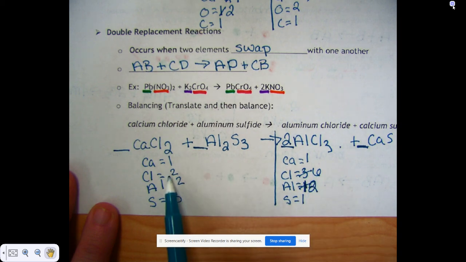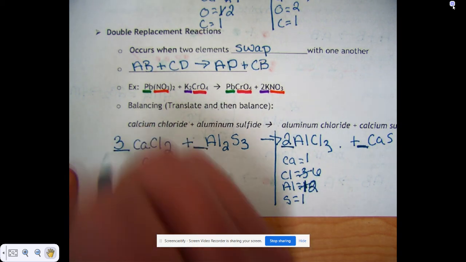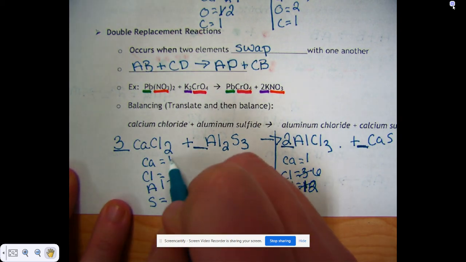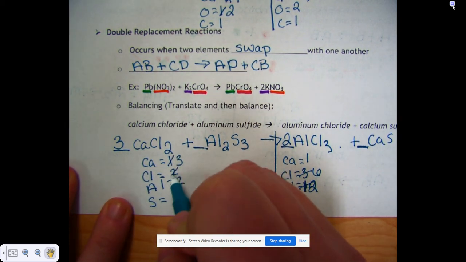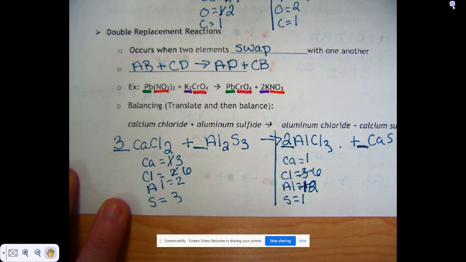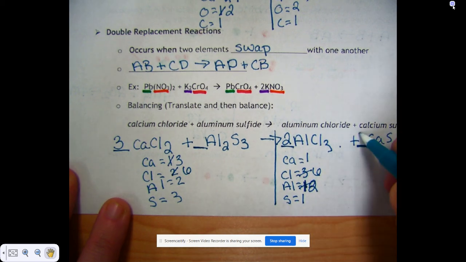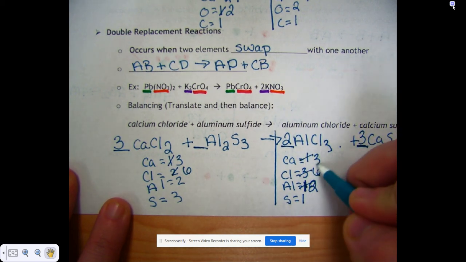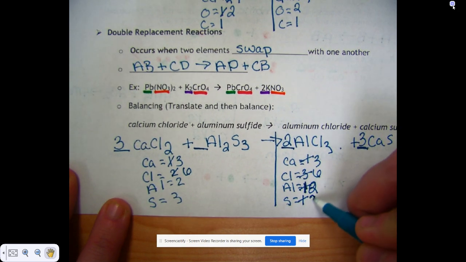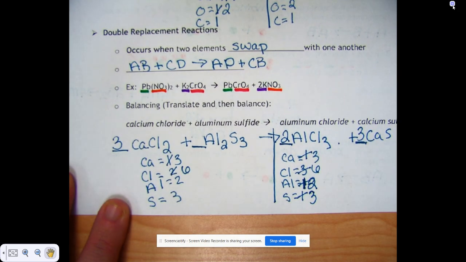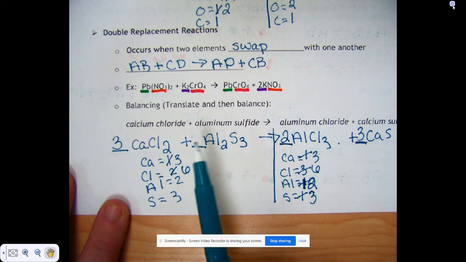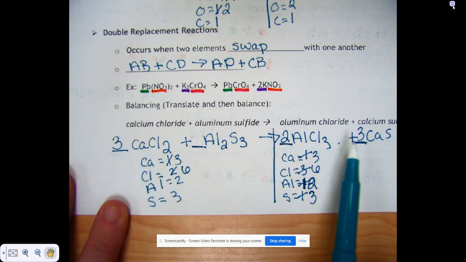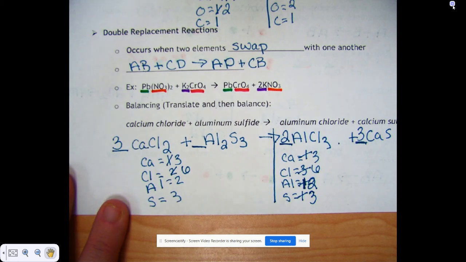I'm going to add a 3 here. Okay. That gives me 6 chlorines. And now my sulfurs don't match. I can simply add a 3 here. And I now have a balanced equation. Okay. And so all of them don't need a coefficient if it's balanced. This one is balanced and it's in the simplest form.